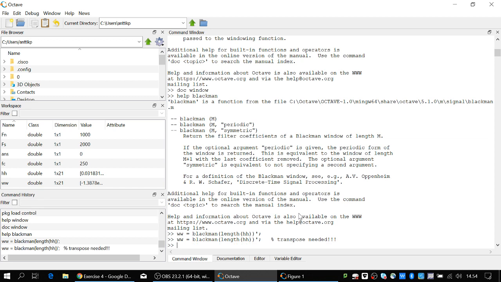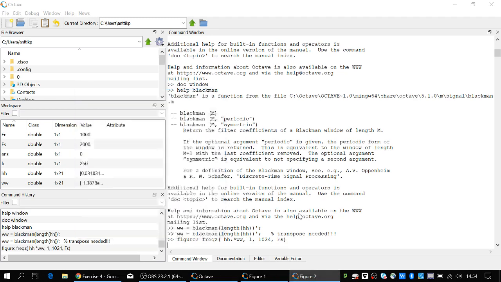And let's take new figure and see what happened for the frequency response if we take HH dot times WW. So this is the windowed sink.